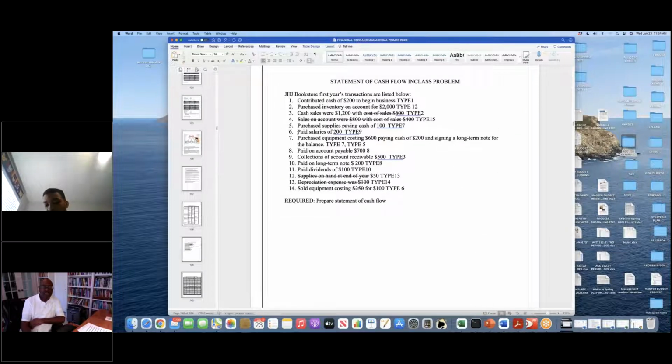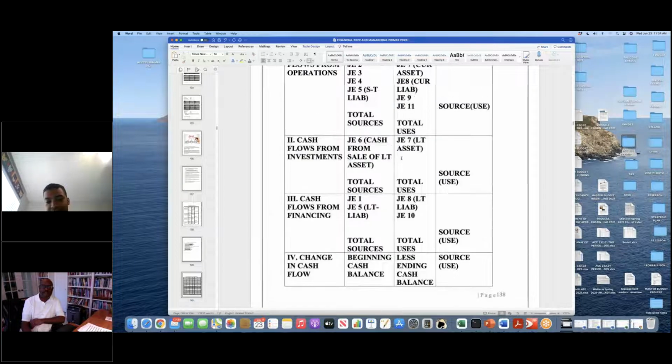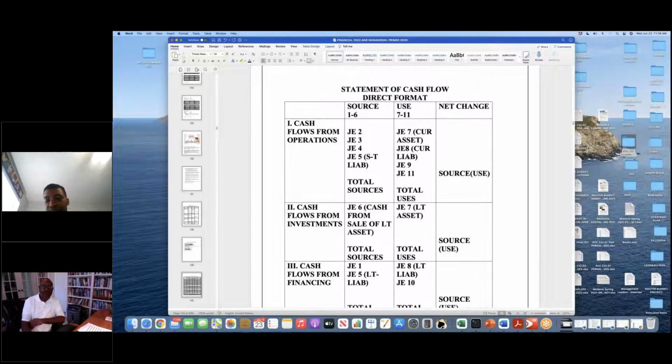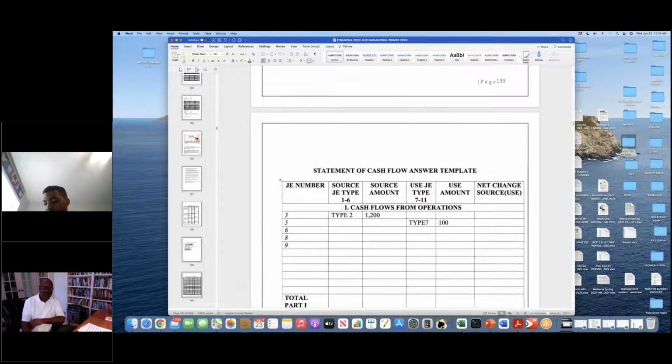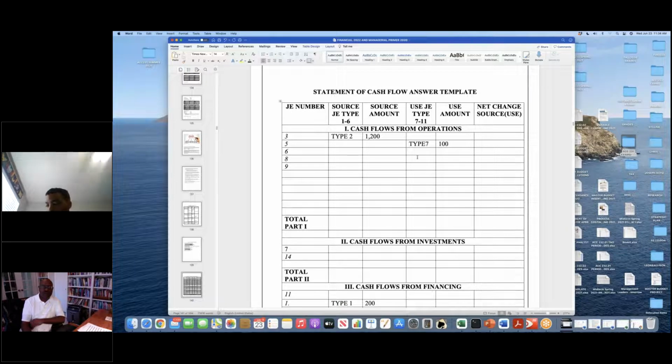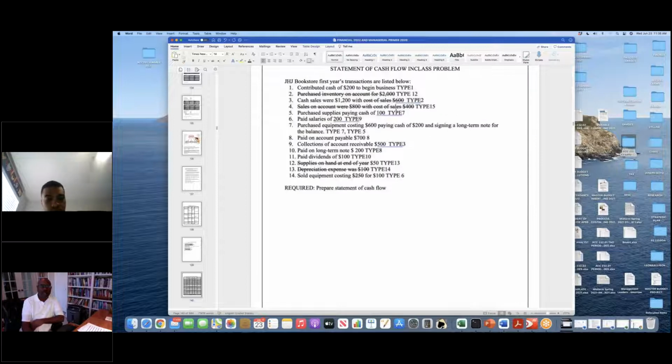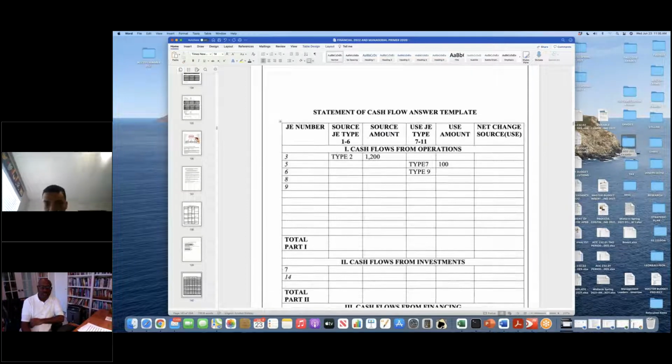Let's go on to transaction 6, paid salaries of 200. That's a type 9. Type 9 is an operating item. So we have a type 9. And the amount is $200.